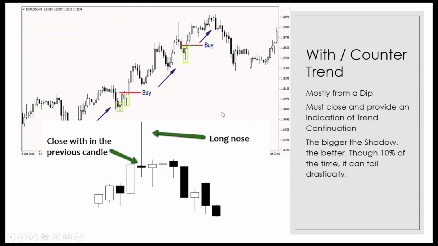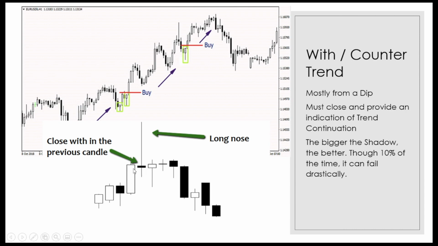So we need to trade the pin bar mostly from a dip if we are trading with the trend, and if you're trading counter trend, then you should have a pin bar with a very long nose or wick or shadow, which should have a little body. It is better if the pin bar is inside the previous candle and closed there.